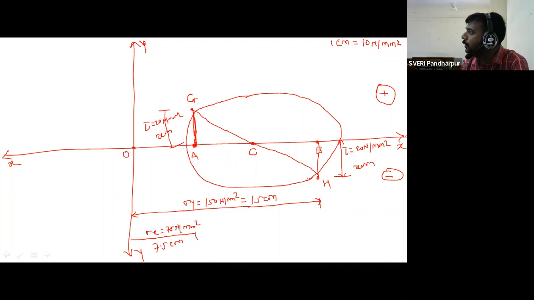But I hope in your figures there will be a circle only. Draw the circle which passes through the point G and H. So that circle will not pass through the point A and B.